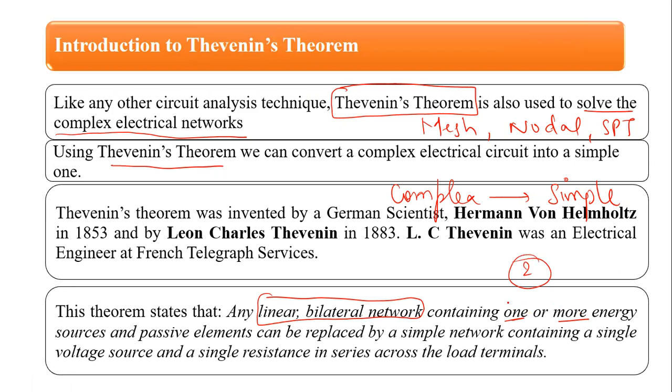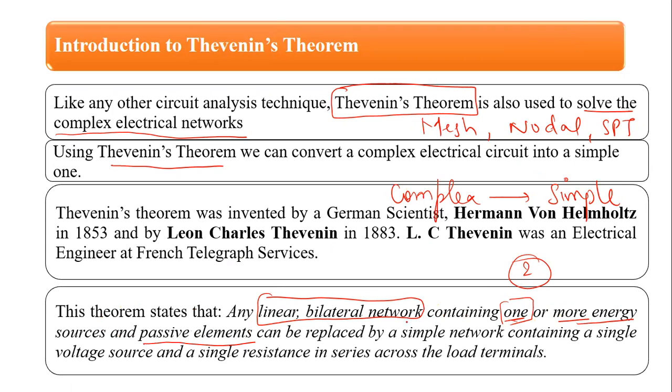We can start with a single source also, meaning one source must be there in the network. So any linear bilateral network contains one or more energy sources and passive elements. Passive elements are resistance, capacitor, inductor, but here we are talking about the resistive circuit only.